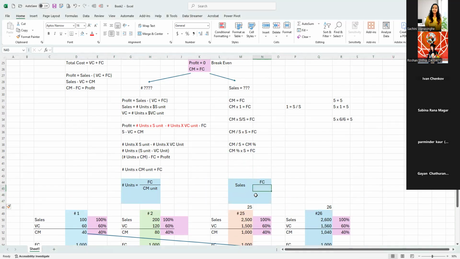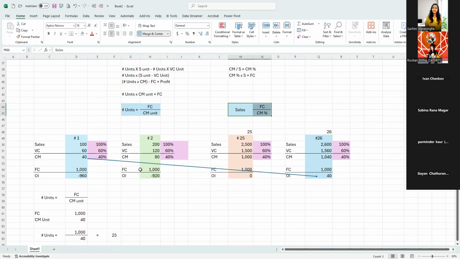Fixed cost divided by contribution margin percentage. And I got it. Now we have the second formula that we have to test. Let's go and test it, because you may say, that's a very nice formula, but how do we know that this one works?